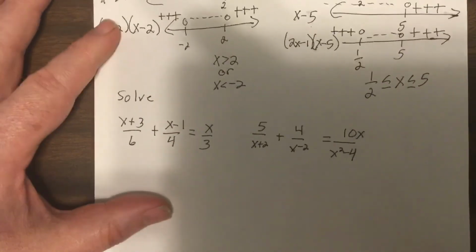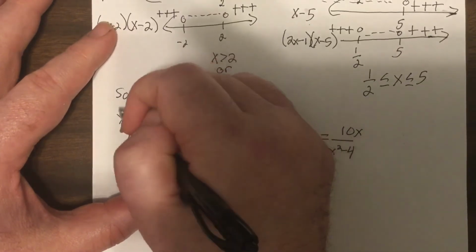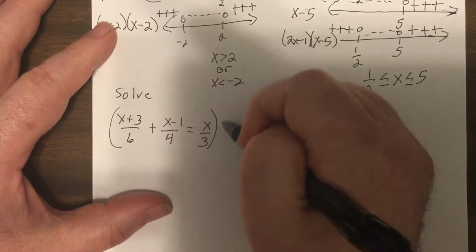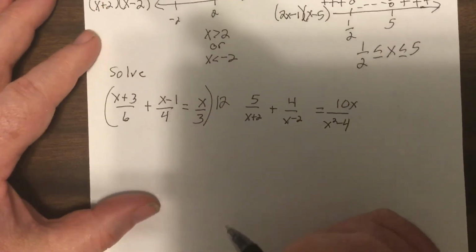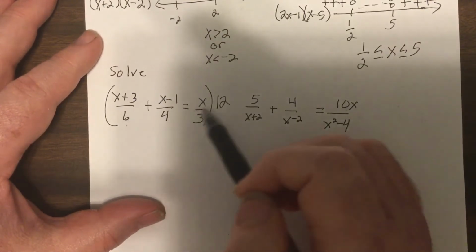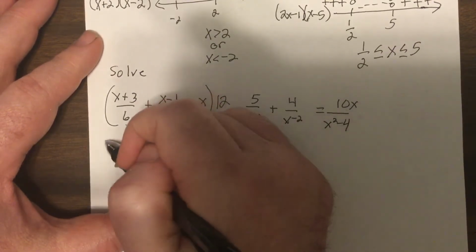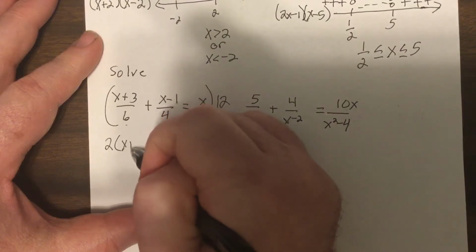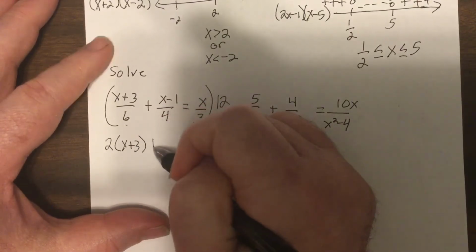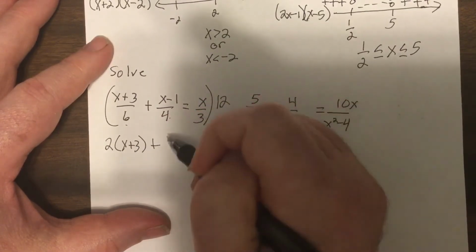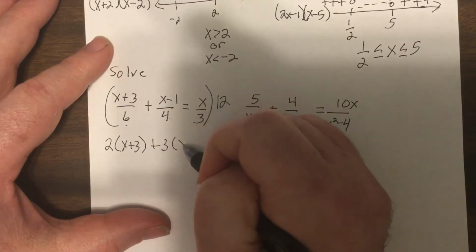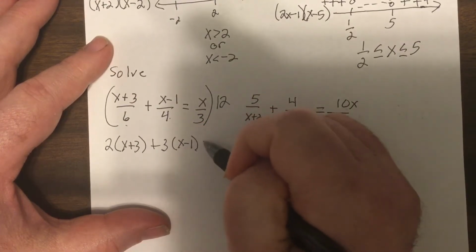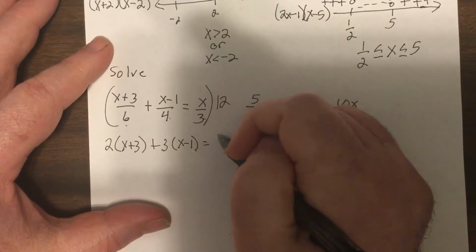Now solving. Since there's an equals, I can multiply both sides by the LCD. So 6 goes into 12 twice, so I'd have 2 times x plus 3. Plus 4 goes into 12 3 times, so multiply that to the numerator. Then 3 goes in 4 times.